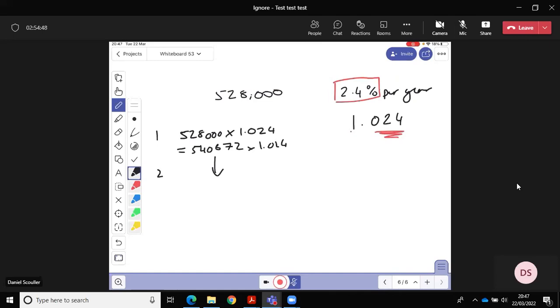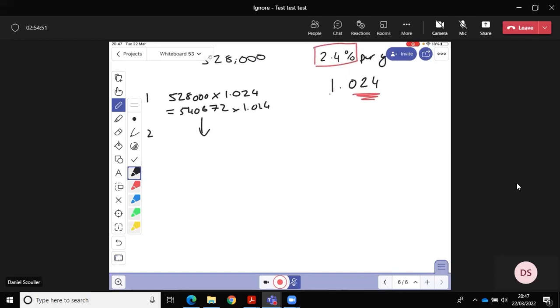Now the quicker way of doing it is putting in your calculator 528,000 multiplied by your multiplier, the 1.024, and you're doing it to the power of 4, putting an index in for how many years or how many periods of time.